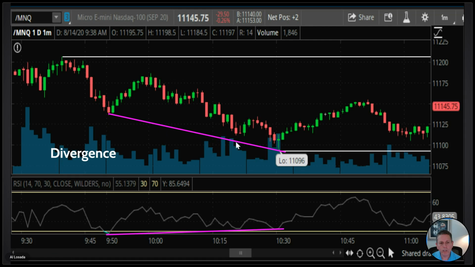When the market's moving lower and this indicator is going up, then it's divergence, and it's just another way of getting confident that you're going to be able to move forward on that trade.